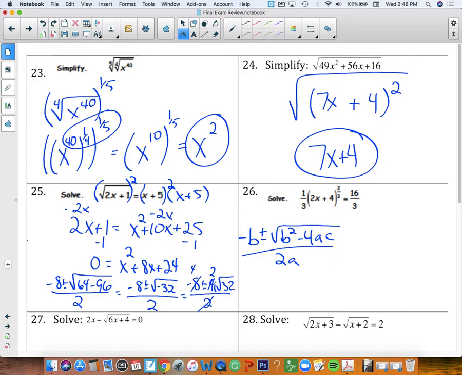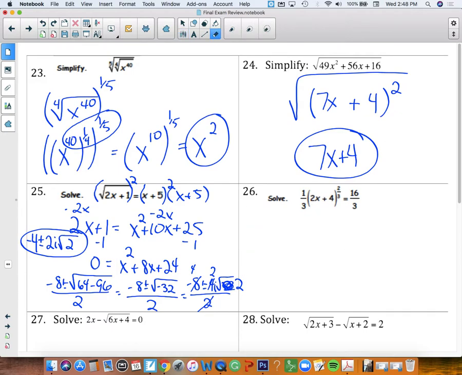So your answer is negative 4 plus or minus 2i square root of 2. So that's your solution. Okay, quadratic formula, you'll have to use that. I'm not sure on the test if you have a quadratic formula, but I will let you know tomorrow.